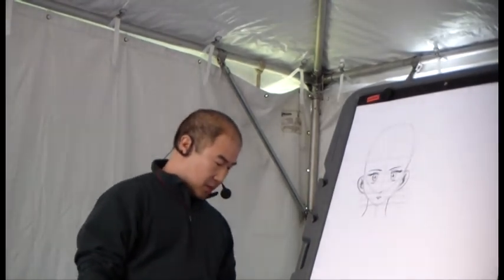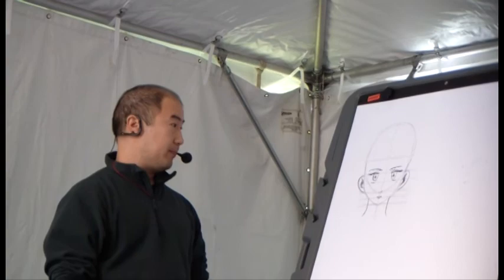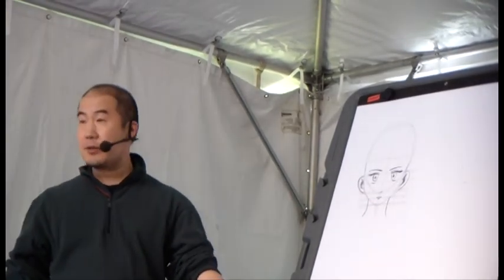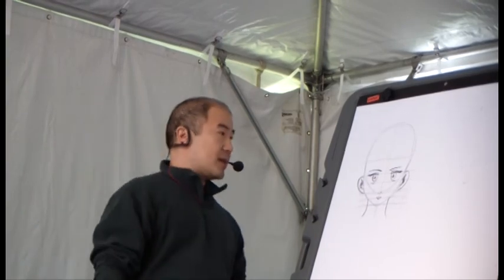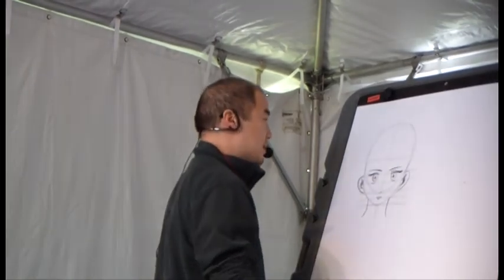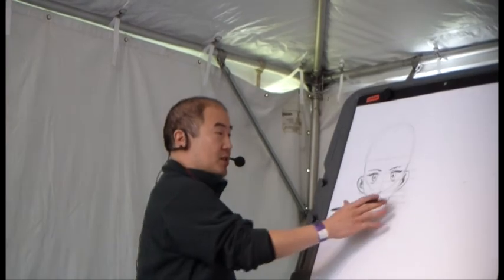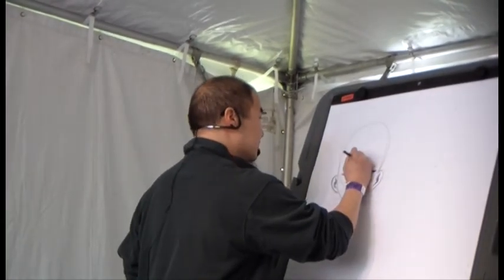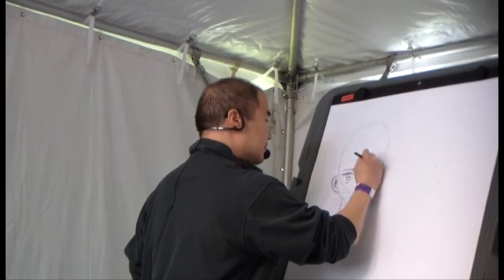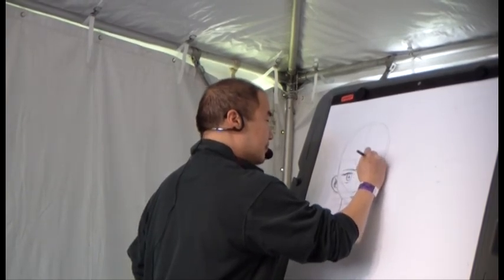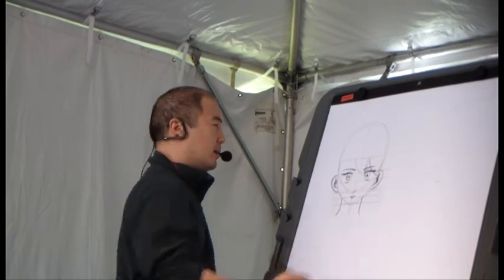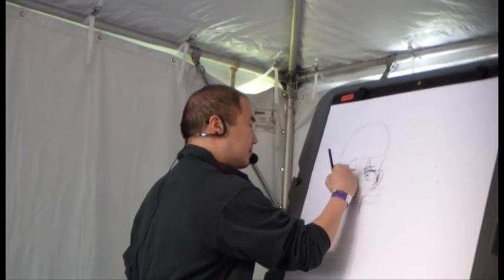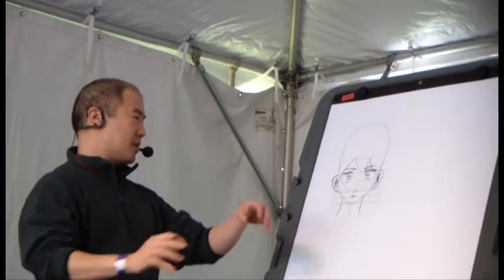I'm going to go ahead and start with the hair, which is my favorite part, because you can do so many variations of hair. A couple of rules that I like to keep in the back of my mind when drawing this is to keep the shapes very simple, especially when drawing the simplified style. Okay, I usually start by drawing the bangs.